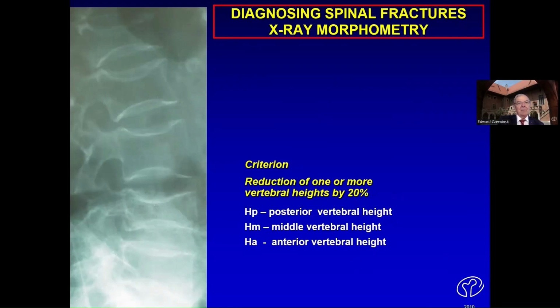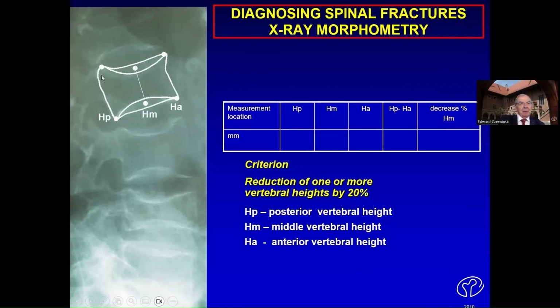Subject closed. How to measure? We measure in 3 points: posterior height, medial height, and anterior height. And we calculate how the medial and anterior heights differ from the posterior.